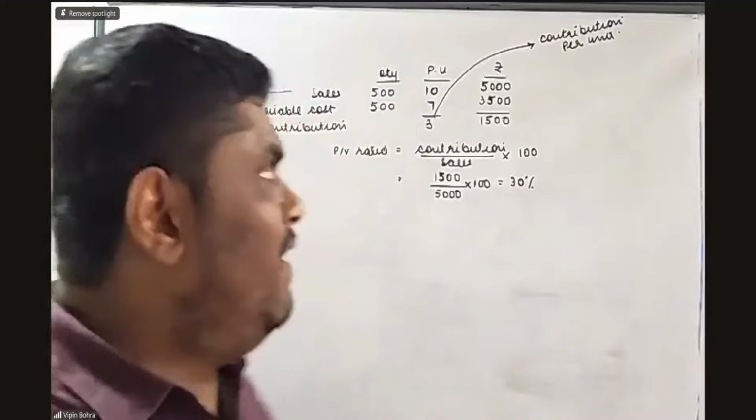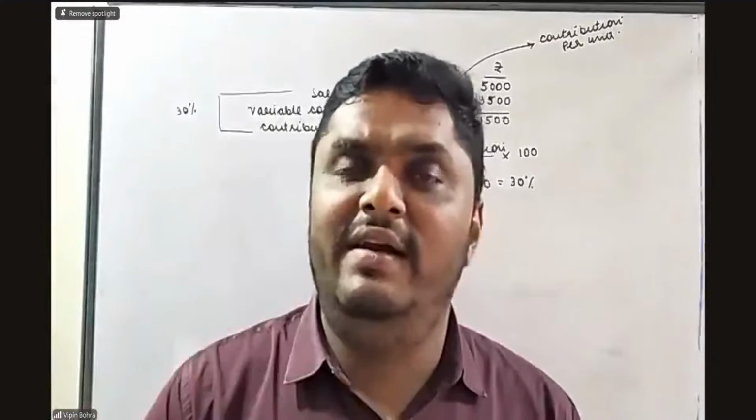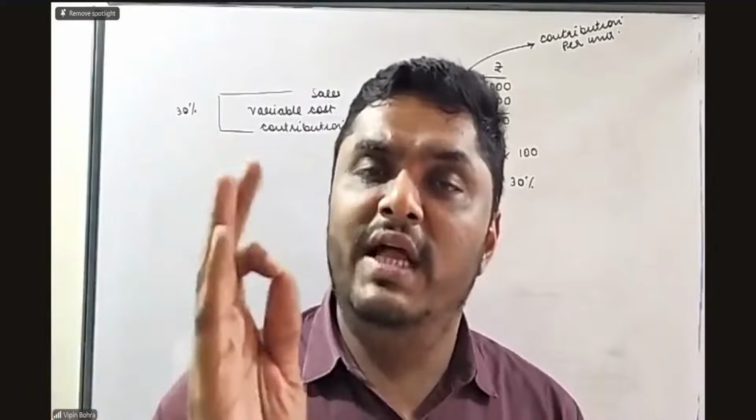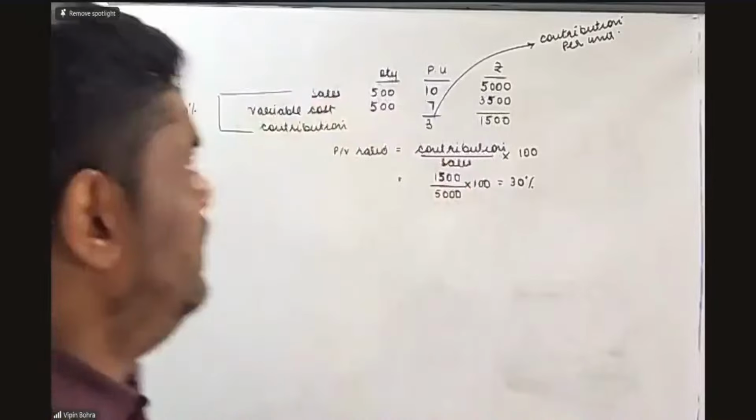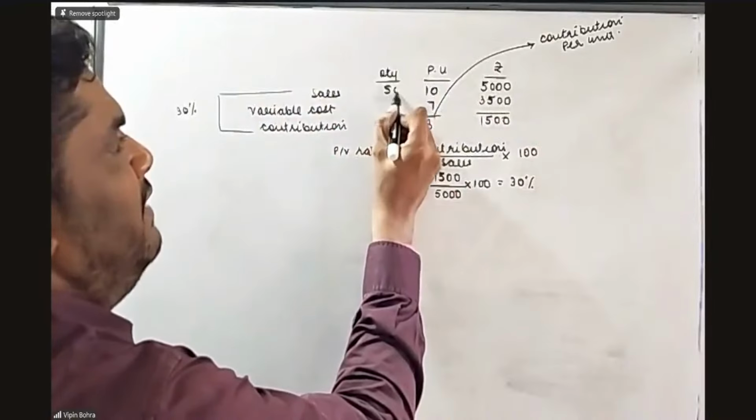Okay. So now, see, as I said, if I'm manufacturing 800 units, my question is will the PV ratio change or not? So see, in this case, we were manufacturing how many units? 500 units, right?